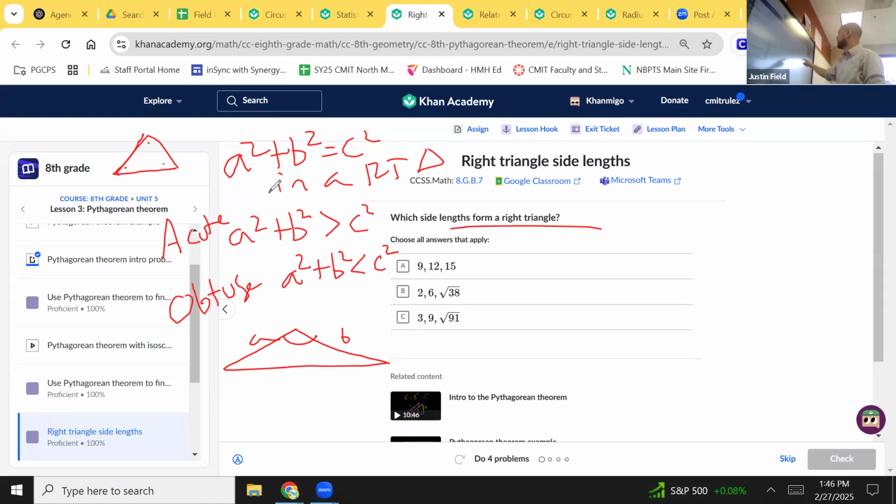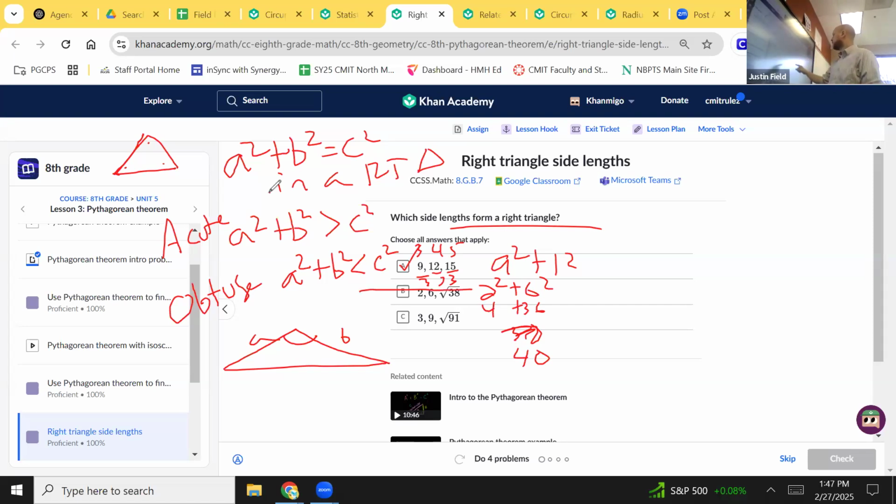So let's just do one of them. 9 squared plus 12. You know what? I could divide everything by 3, and I would be back to a 3, 4, 5. So I know that one, not even going to do the theorem. How about 2, 6, 38? So 2 squared plus 6 squared is 4 plus 36 is 40, not 38.